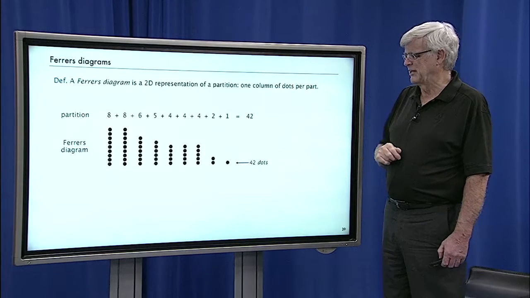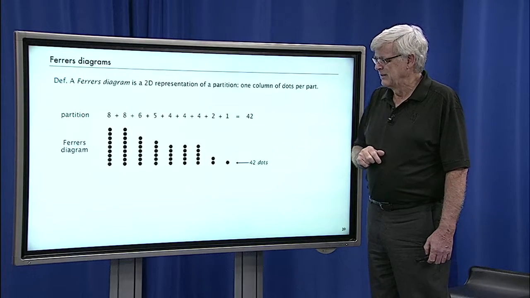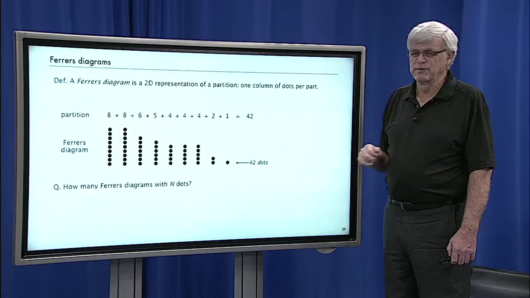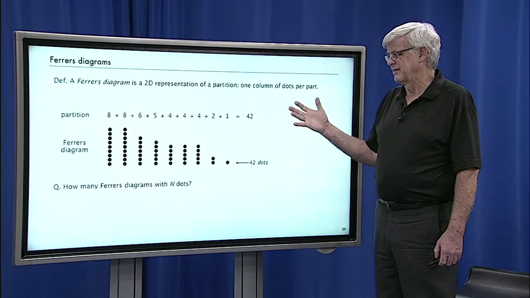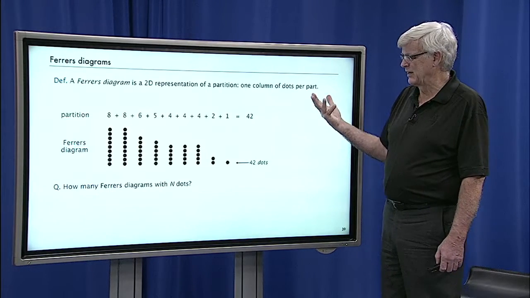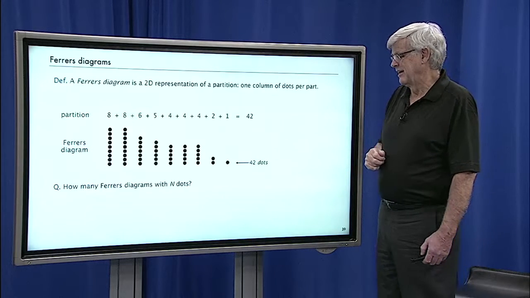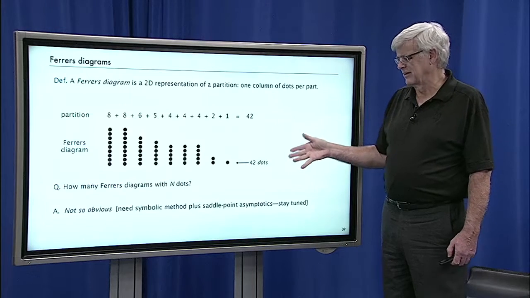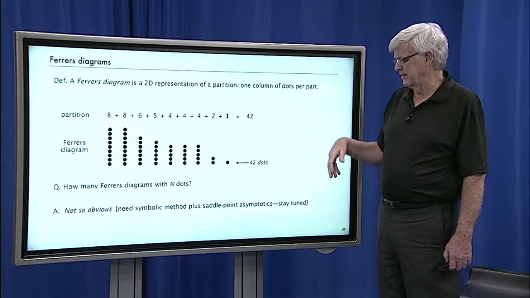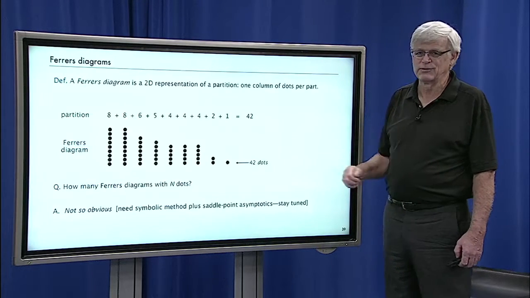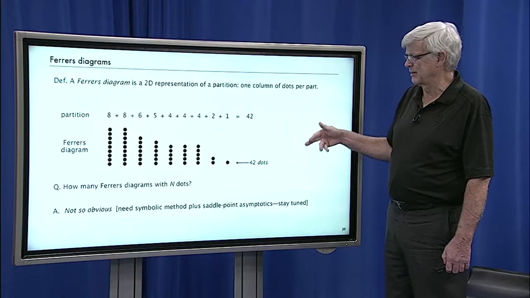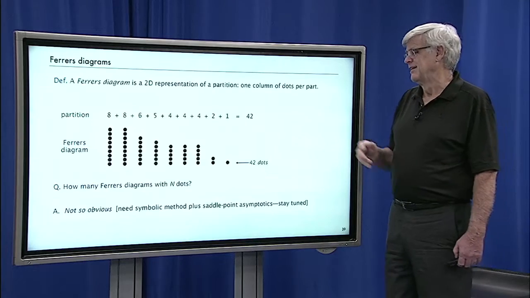The question is, how many different diagrams are there? So the question is, how many Ferrers diagrams are there with n dots? And again, this seems like a toy combinatorial question, but actually it's going to require the symbolic method and also saddle point asymptotics. It's one of the most difficult asymptotic problems we'll run into.